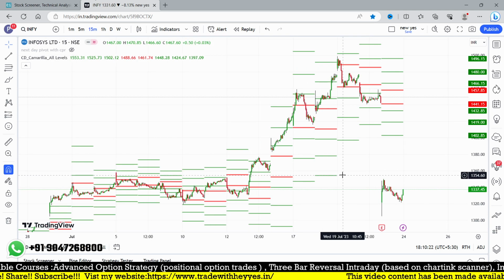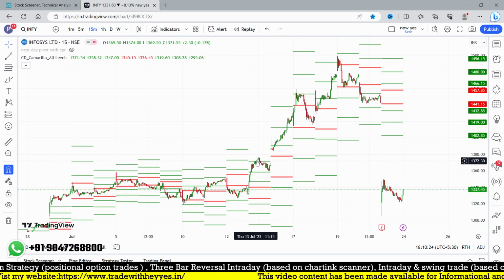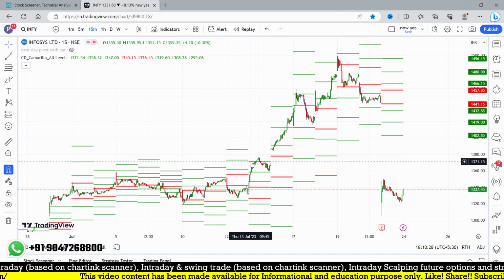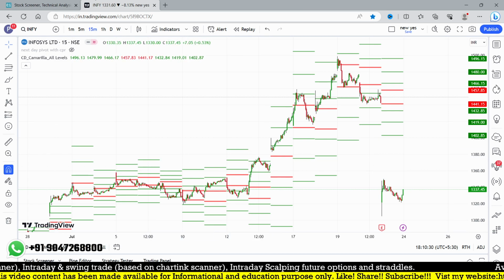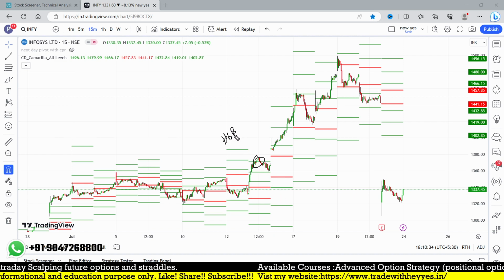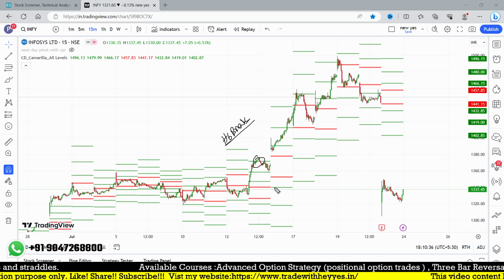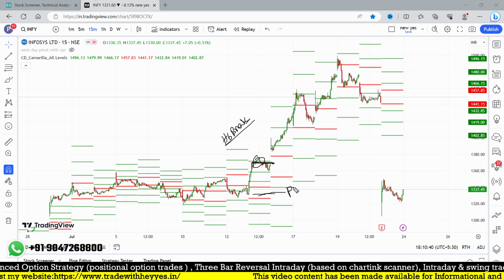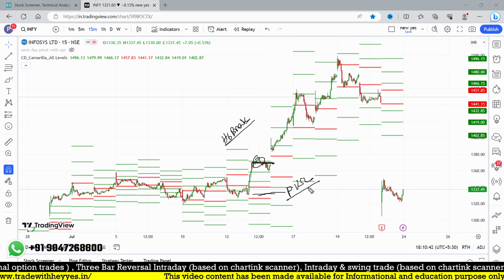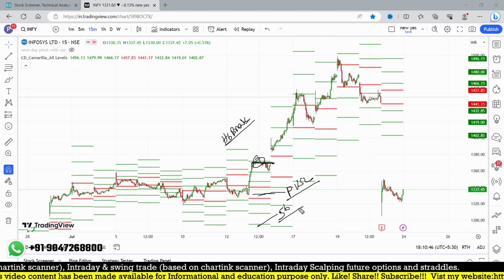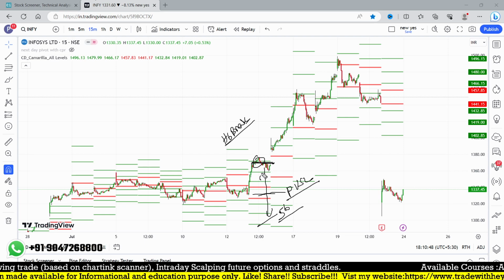Look at this. If I'm using a breakout, here is the day where I got a breakout on Camarilla H6. At this point I found the H6 breakout, whatever the time frame. If I'm going to take an entry, maybe I might use the pivot as a stop loss, or I can keep S6 as the stop loss, but it is a huge stop loss, I don't want to take that.